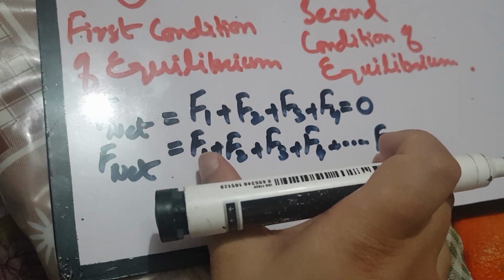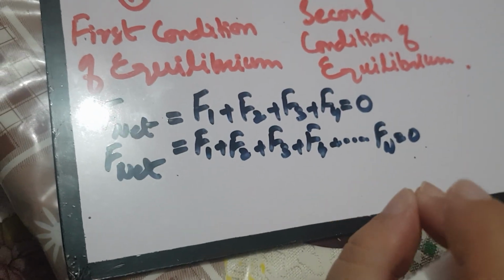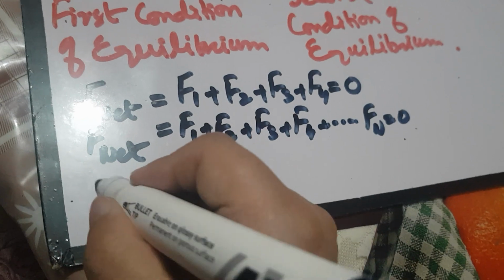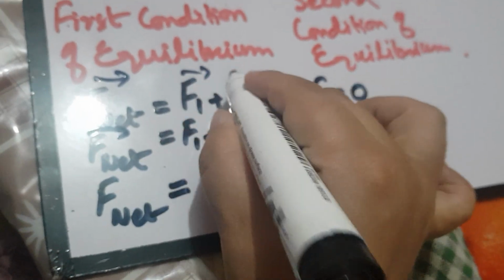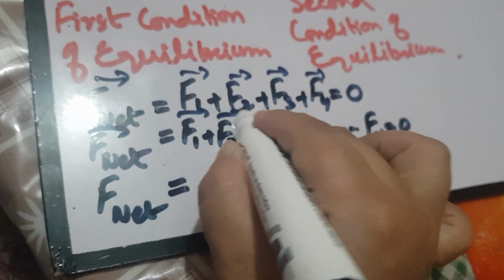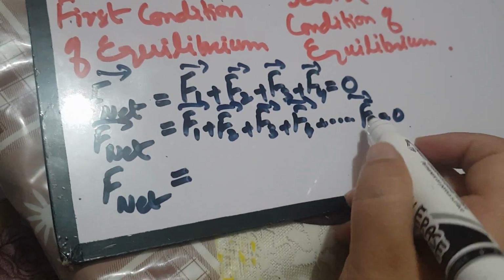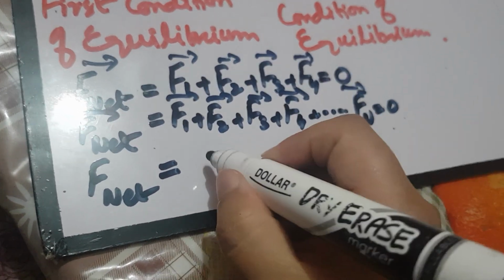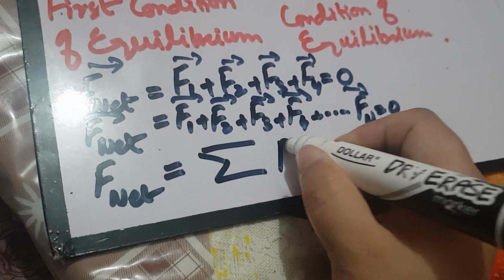If I want to combine all these terms in a single word, that is summation. Because forces are vector quantities, you must use arrowheads at the top. If you don't want to write all these forces, just convert into summation. This symbol is for the summation, the sum of all the forces.